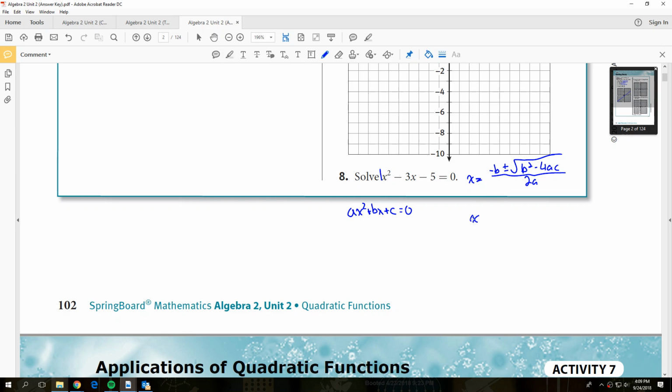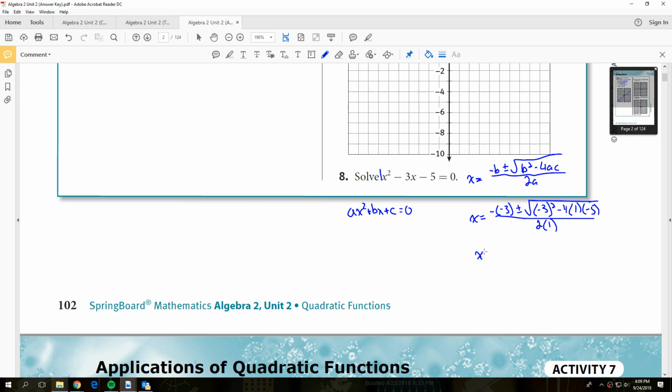All right, so x is equal to the opposite of b. So we got negative 3 plus or minus the square root of negative 3 squared minus 4 times a, which is 1, times c, which is negative 5, all over 2a, or 2 times 1.